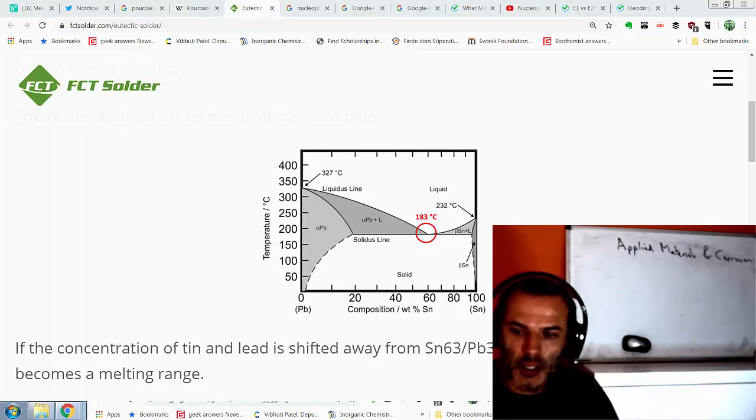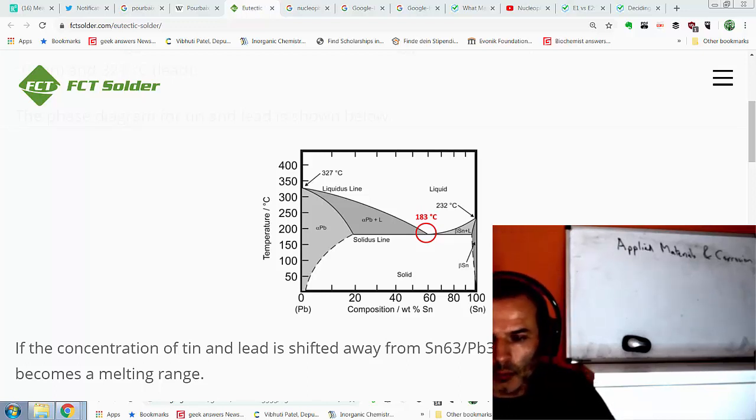So if we sit here we would have some lead with a bit of tin in it, this alpha lead, plus liquid. If we go over this side where we've got a lot of tin, we get tin crystals with a little bit of lead in, plus lead. These little fillets show the solubility.